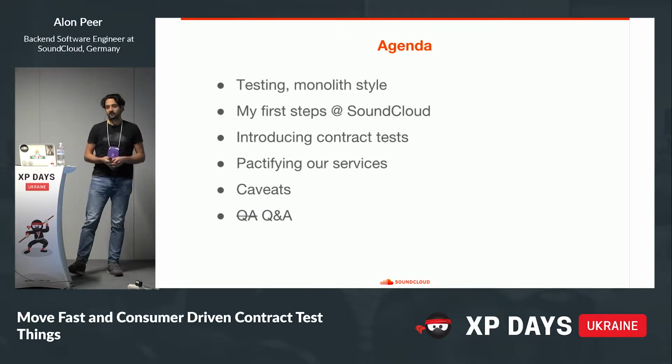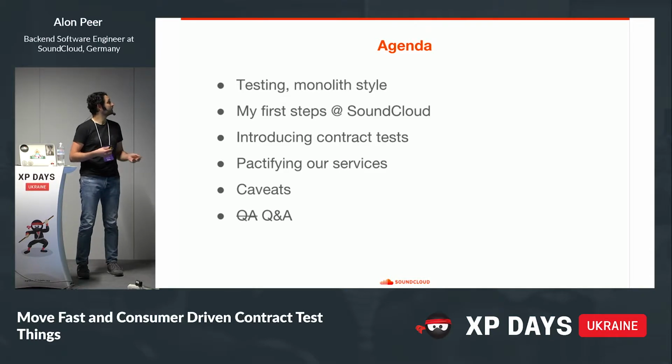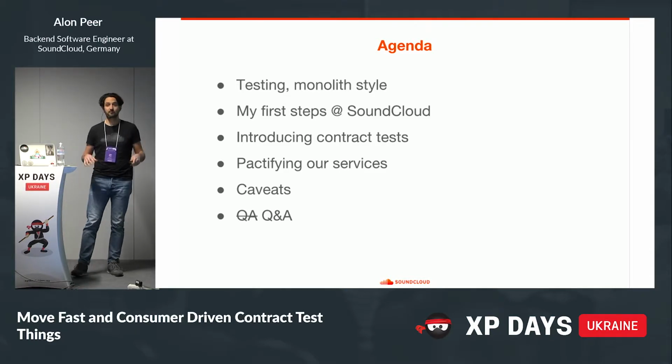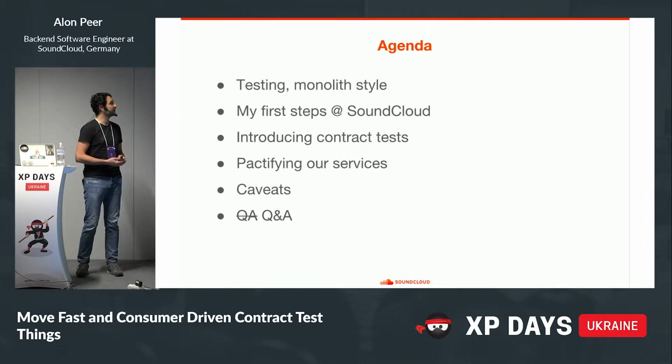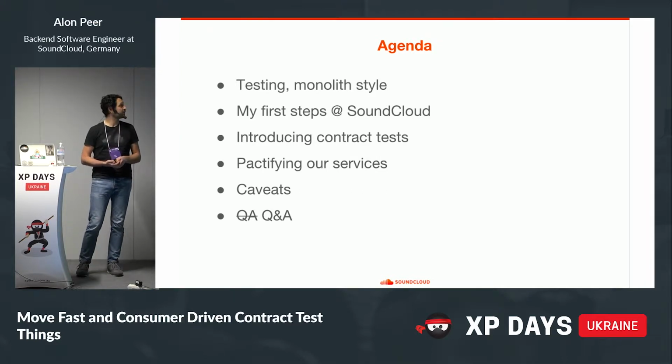So, my agenda for today. I would like to talk about the history of my experience with how we used to test things on monolith. I will then talk about how I got to know what we do at SoundCloud when I joined the company.